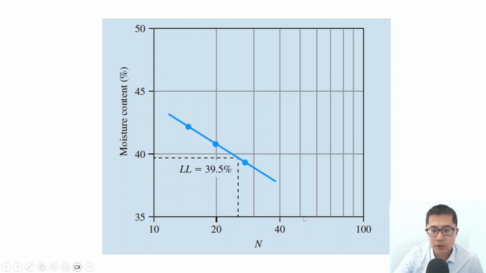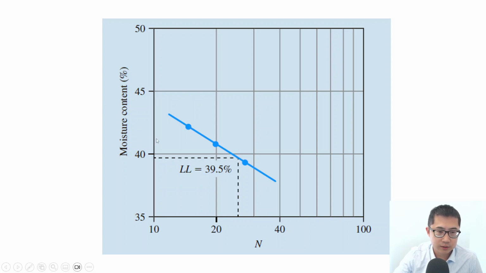Make sure you do your x-axis in log scale, do the best fit line through those three dots, and then go find where that 25 is. 25 is right over here, and go up and go left and come up with your LL.